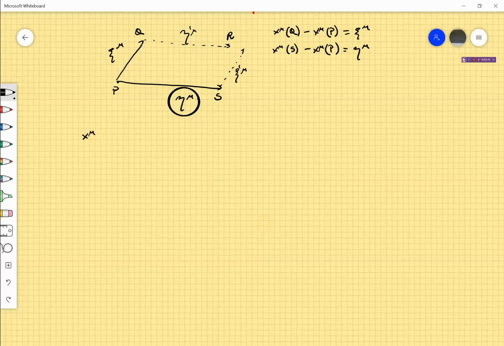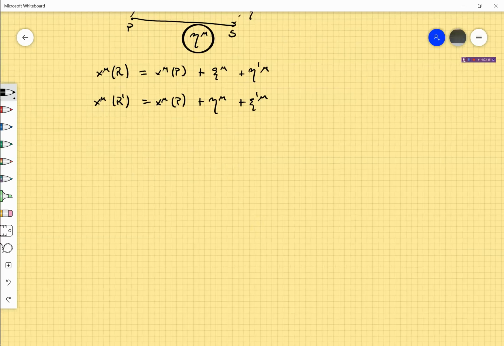So we write it like this: x mu of P plus psi mu plus eta prime mu, while the coordinates of this point that I call R prime, which could or could not coincide with R, will be the coordinates of the starting point, also P, plus eta mu plus psi prime mu.